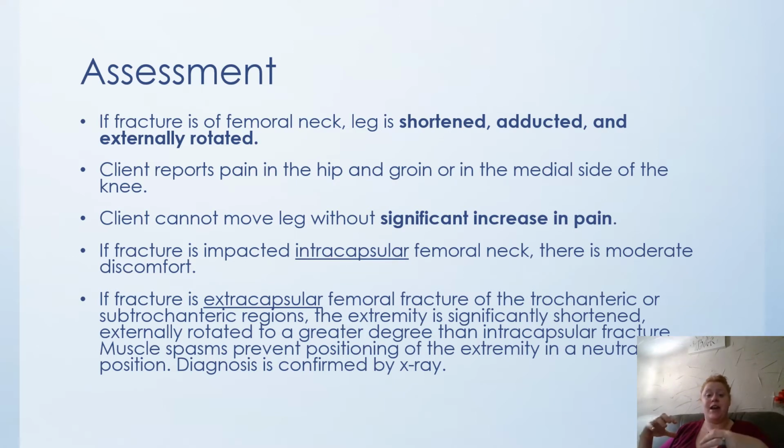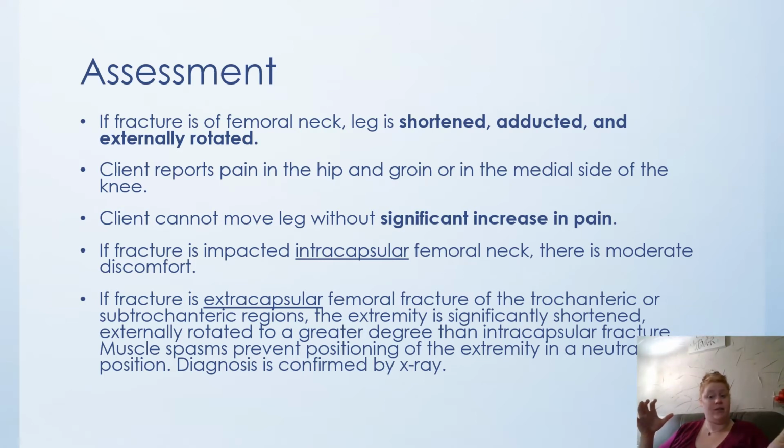If the fracture is extracapsular, or it's a trochanteric fracture, the extremity is shortened, it's externally rotated to a greater degree, so it's way out there, and muscle spasms are going to prevent positioning of the extremity.